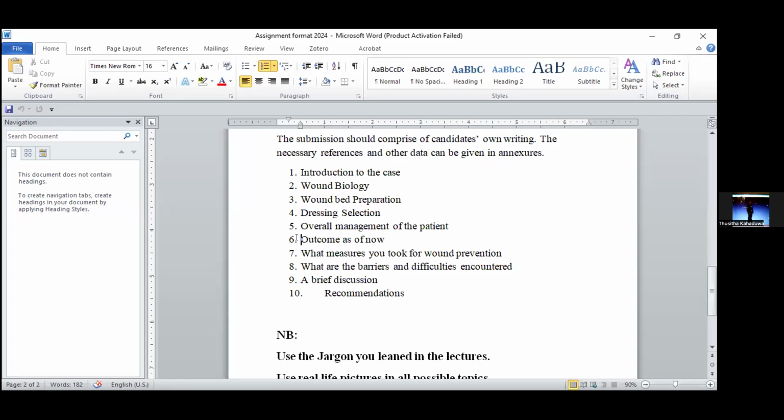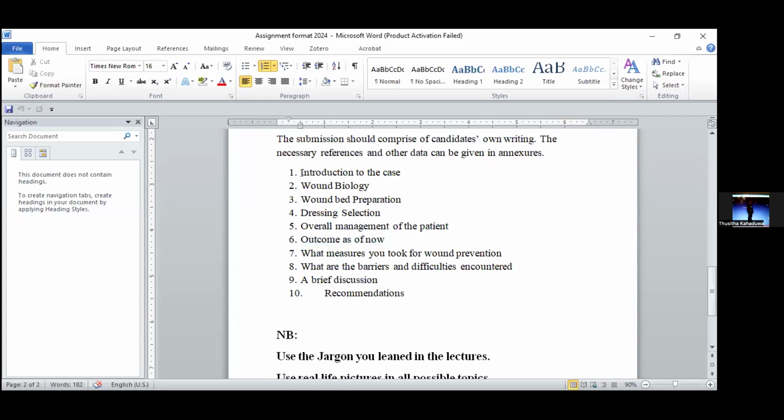So at least try to explain quite a few problems, maybe 3 to 5 problems, and apply your knowledge. So basically, this is something like a reflective thing. What you learned, you reflect that on your practice. We want to hear what you did. Then the outcome as of now.